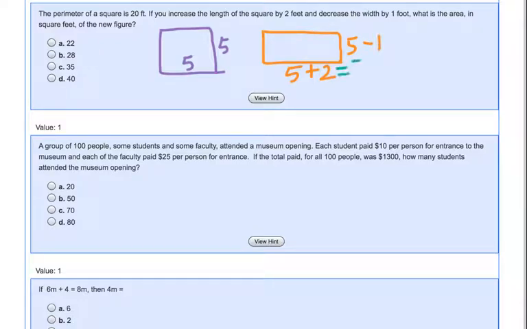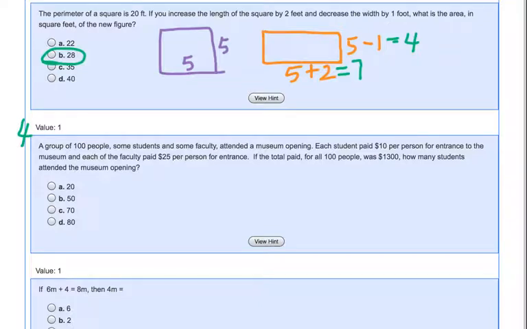So you get 7 here, you get 4 here. What's the area for the new figure? So 4 times 7, that's the area. It's 28.